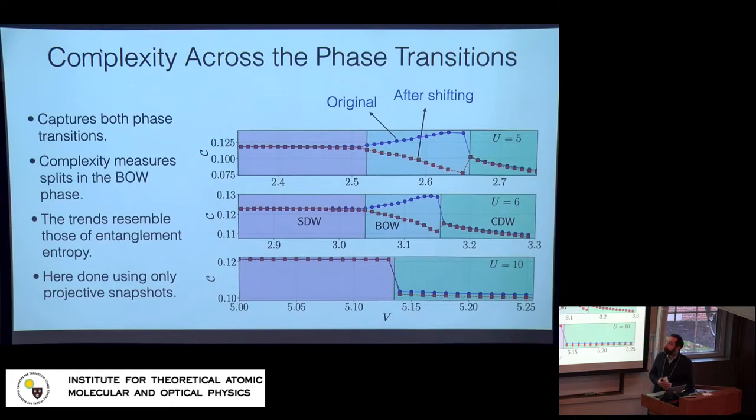It seems that it's really important to do this shifting to resolve these 2 branches. But in this case, this BOW phase, it's this 2-side bond essentially. If we were to try to resolve something with more of a plaquette structure, should one try shifting diagonally or other types of things? And for this BOW, if you shift two times, I think you should recover one of the curves, right?